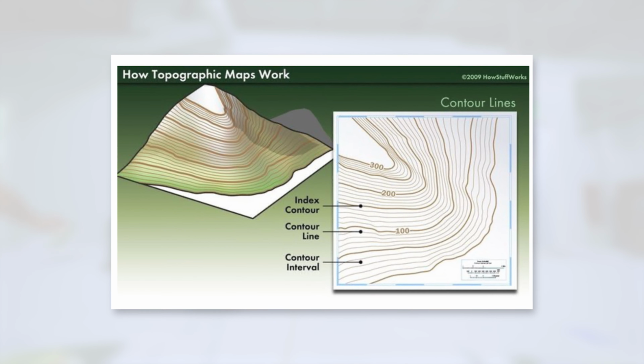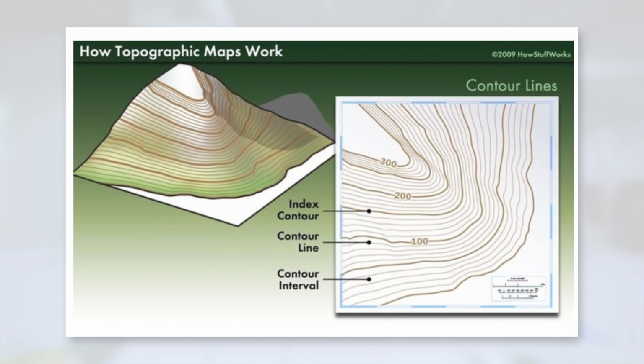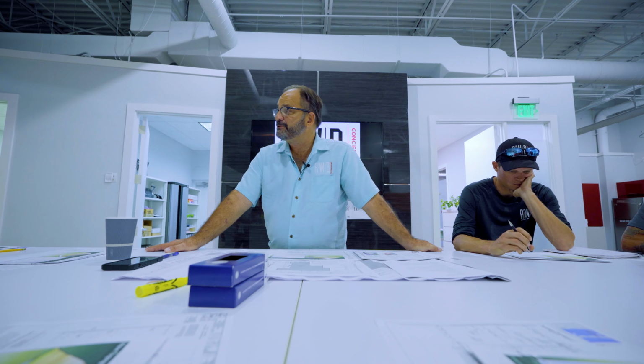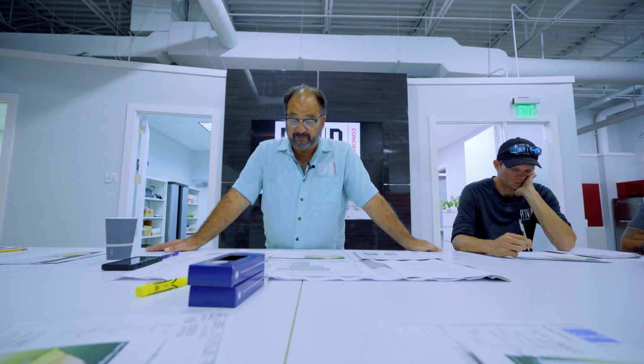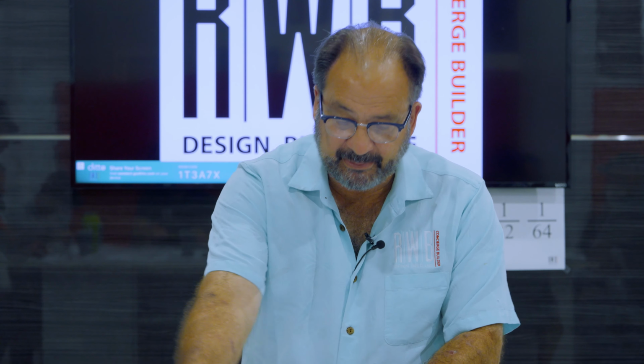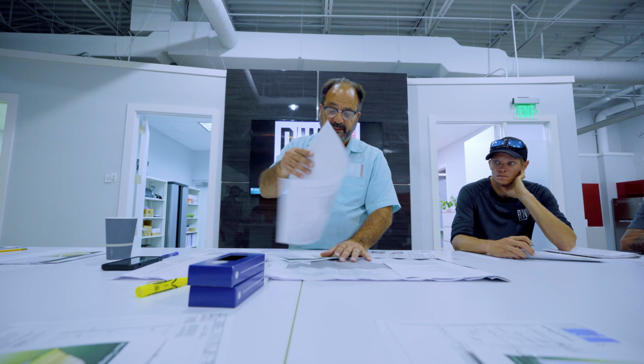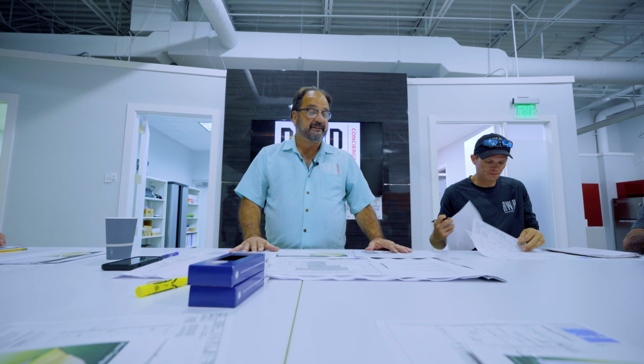This is basically a very simple plan to understand, but if you've never been exposed to it, it's not that easy. Okay, if you look at this plan, this is a civil plan, you'll see grade lines. You see lines going along them with numbers on them.